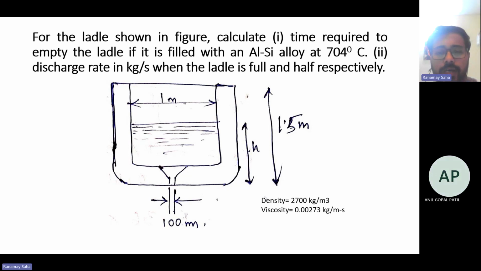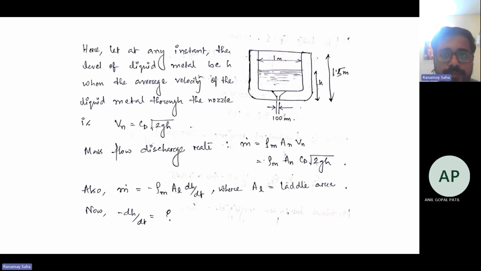I hope you have some idea of how to solve this kind of problem. Solution. This is the ladle having a height of 1.5 meters, with a nozzle.